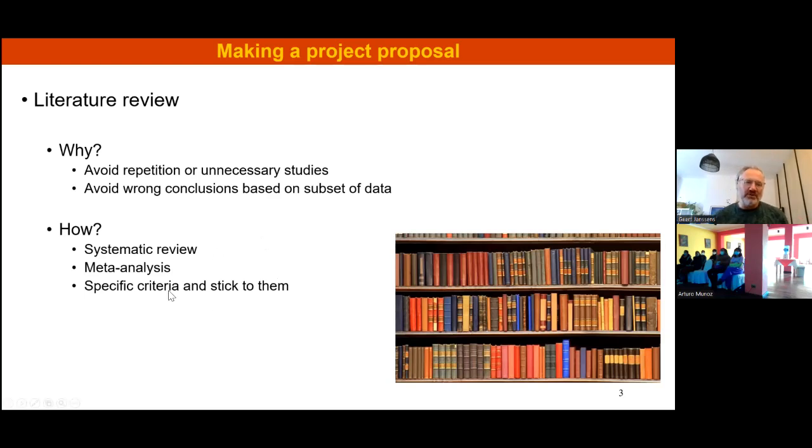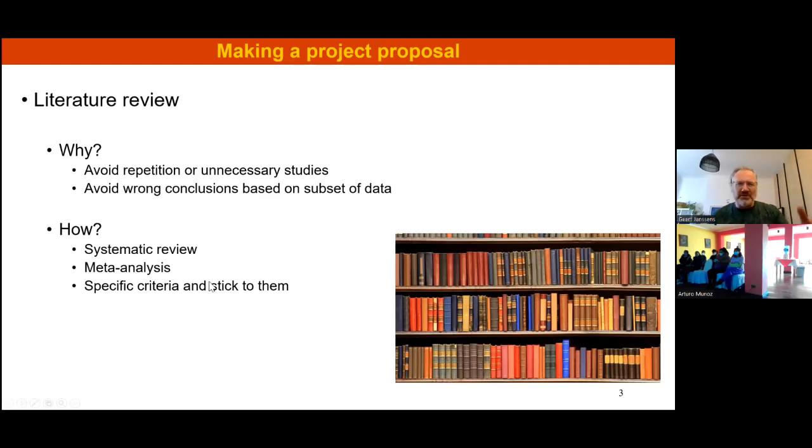But you also need to do it to avoid wrong conclusions based on a subset of data. Sometimes when you have incomplete information, you may think this is the rule, but when you look at the entire data, maybe something else would come up.